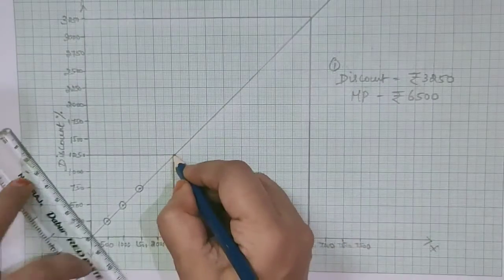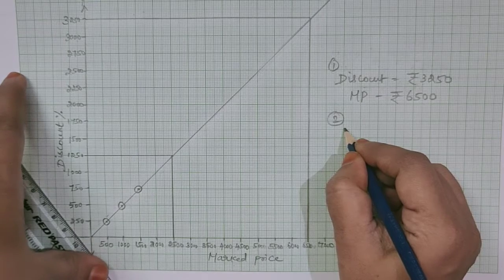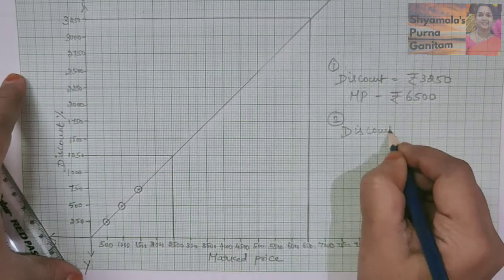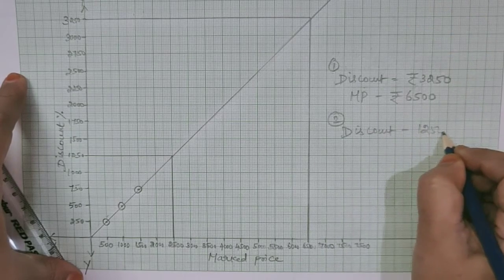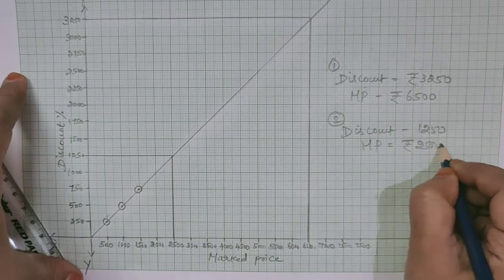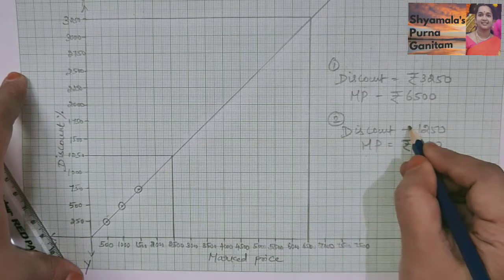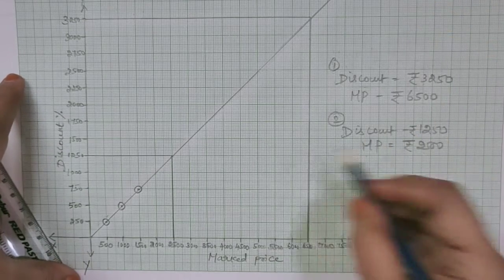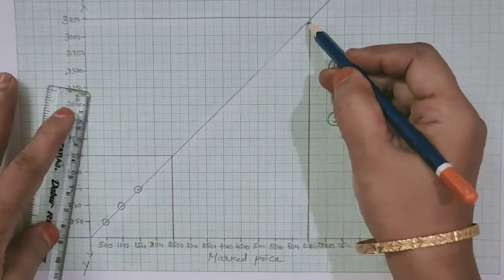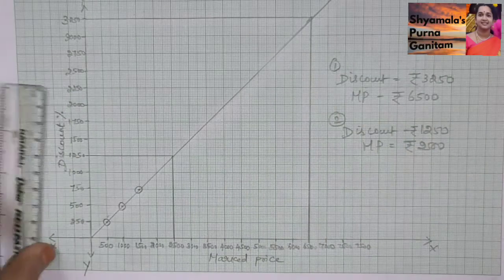So this is 1250. If the marked price is 2500, then the discount is 1250. So we have given the answer for both the questions from the given graph.